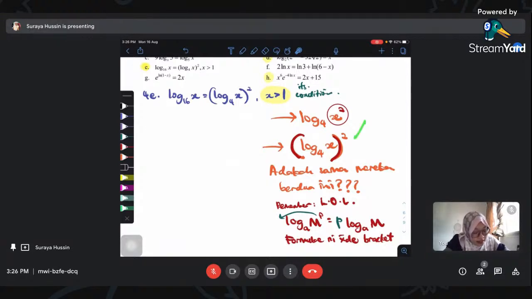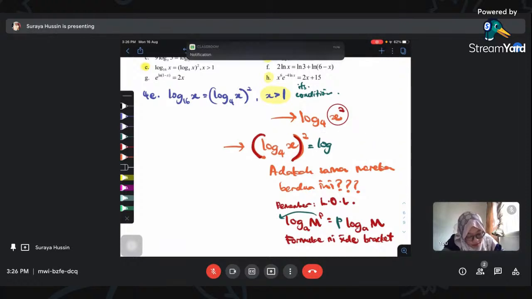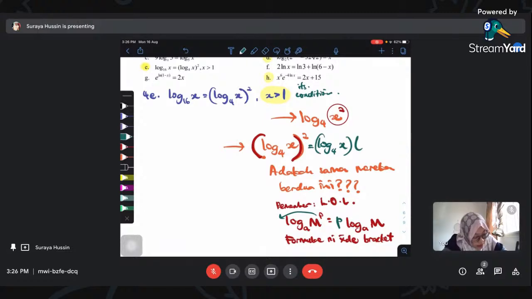Okay, dia tak sama disebabkan bracket ni. Bracket ni seolah-olah, this is the whole thing now guys. This is the whole thing. This is log 4x times log 4x, log base 4x.